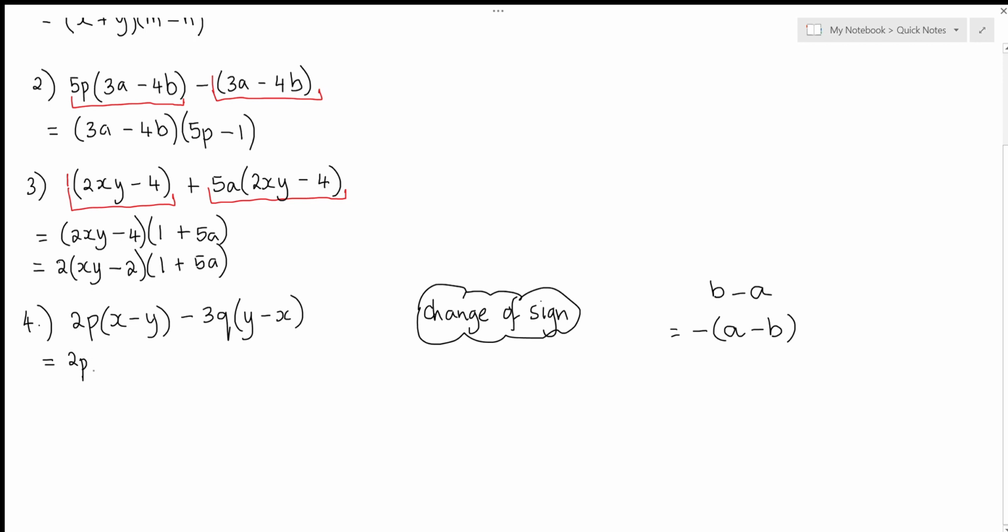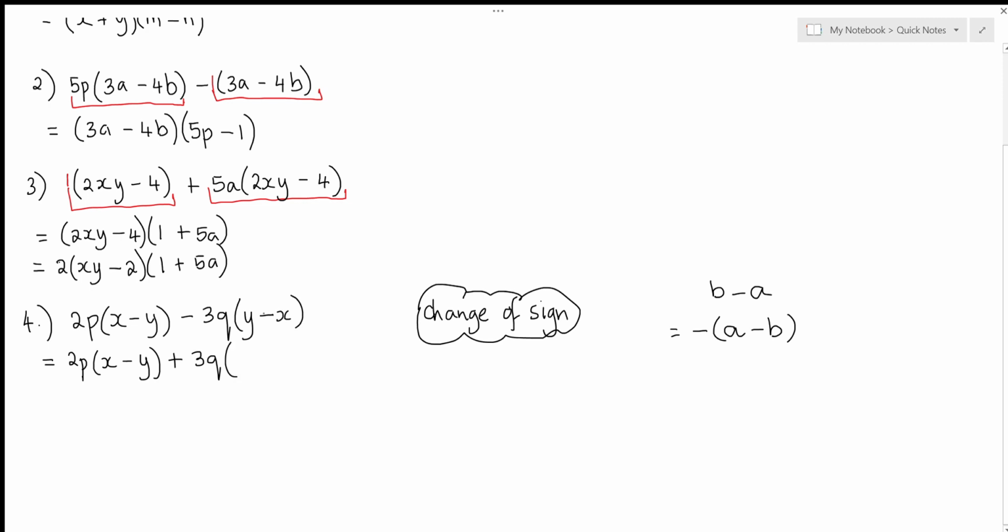2p(x minus y). And if we remove a negative from this bracket and we bring the negative out, a negative times a negative would give me a positive. So this would become plus 3q.